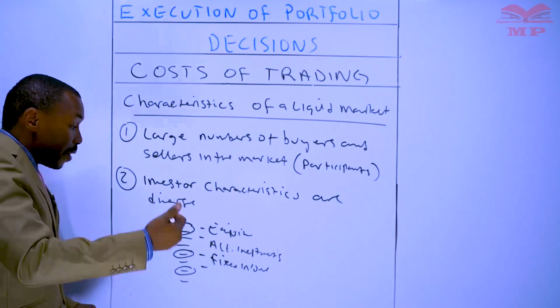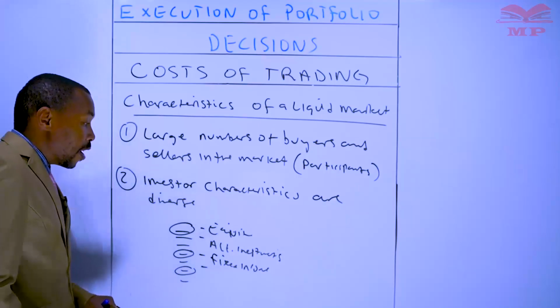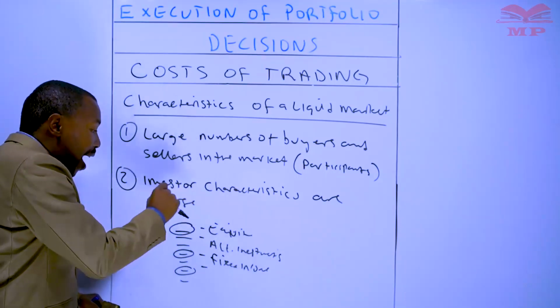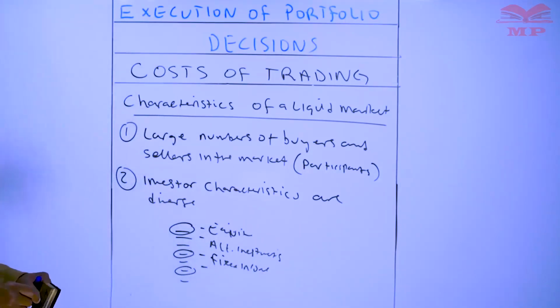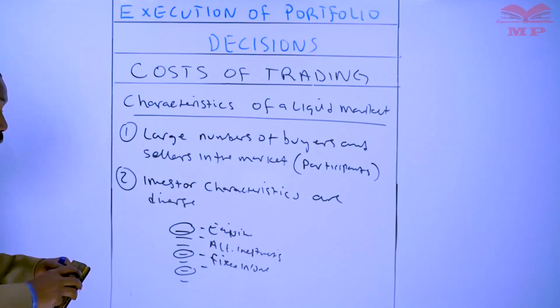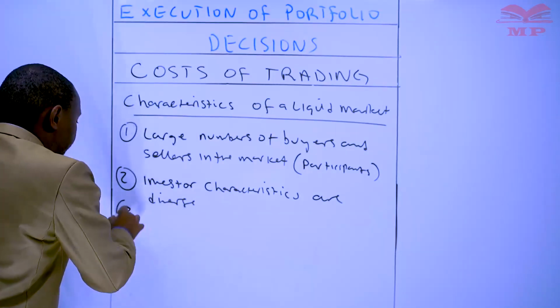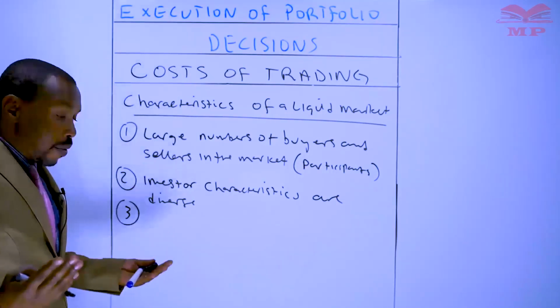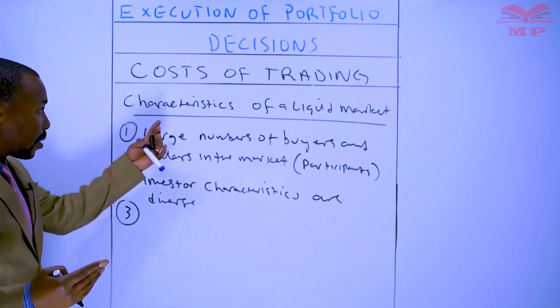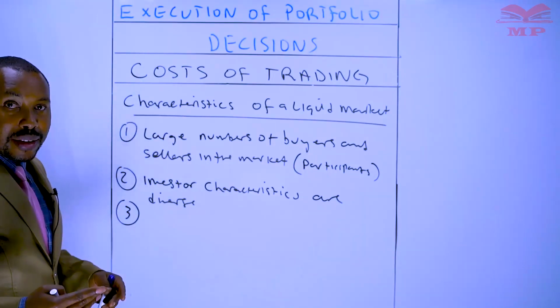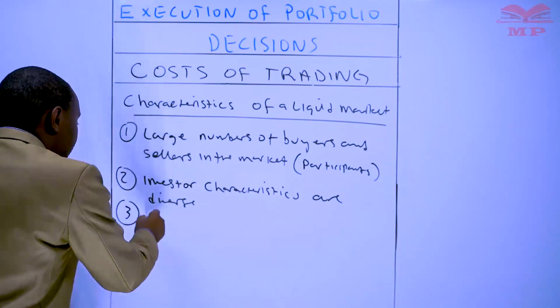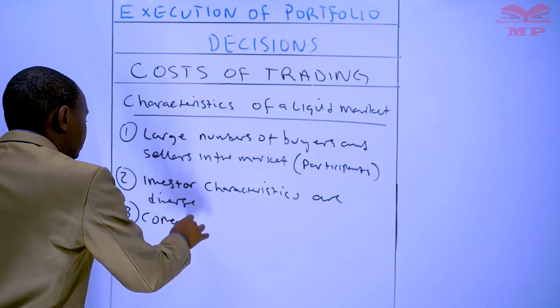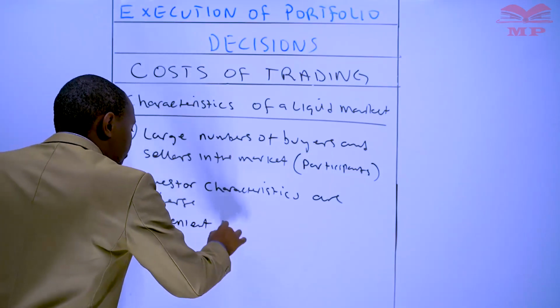Other investors can choose alternative investments. So their characteristics are diverse, are different, and are driven by behavioral biases. Number 3, one of the characteristics of a liquid market is the convenient trading platform.